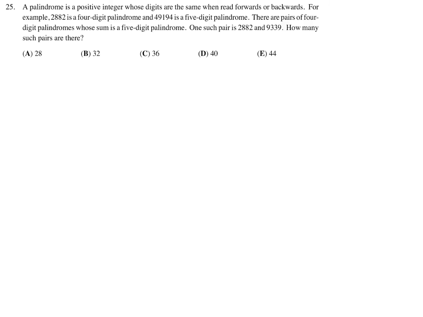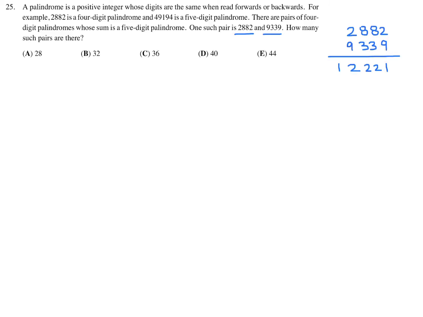Okay, so first let's understand this question before we proceed with it. They are saying that you have a pair of palindromes that are each 4-digit numbers, 2882 and 9339. So individually, each of these are 4-digit palindromes. And when you add them, which in this case is 12221, this also becomes a palindrome, but this time it's a 5-digit palindrome.